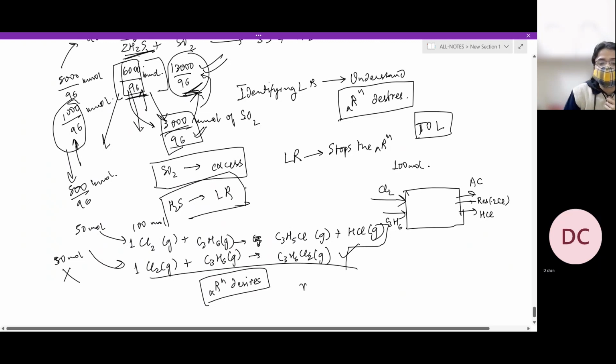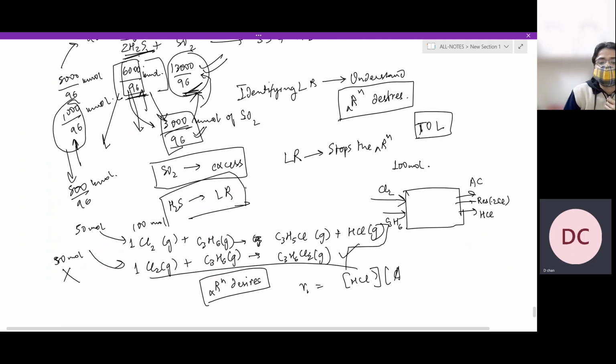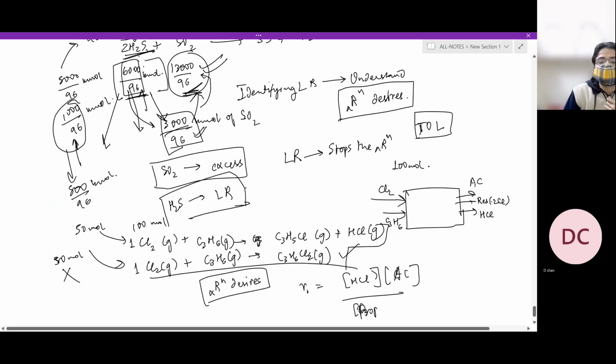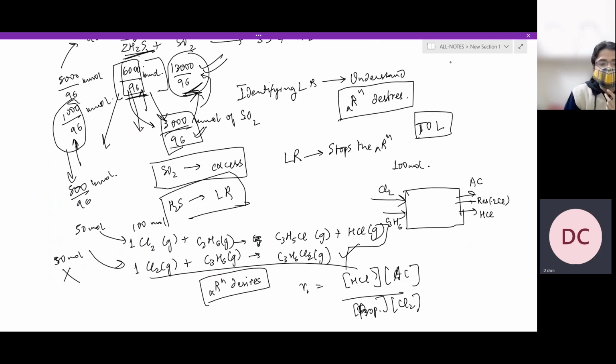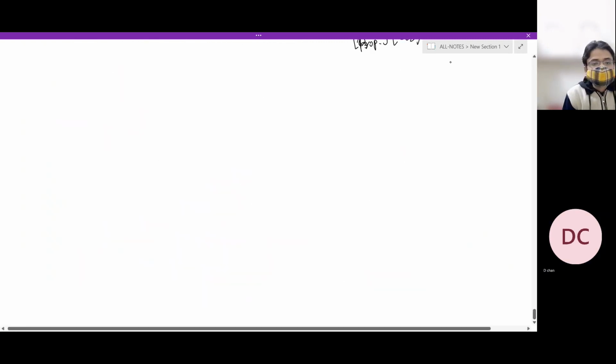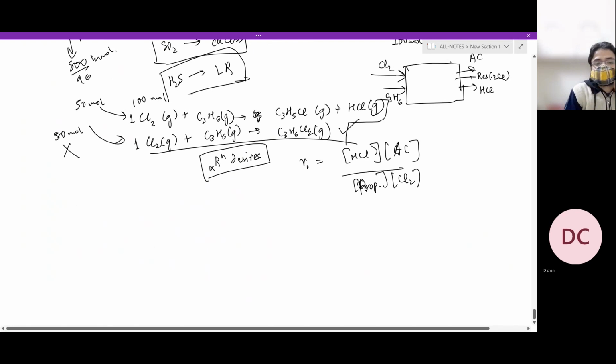The rate constants, you must have already heard about it: HCl times allyl chloride divided by C3H6, let's say call it propene, and divided by Cl2. So this is entirely different compared to that. The amount consumed per unit time will obviously be different, so you cannot directly say how much is being consumed, and that is the problem you need to calculate.